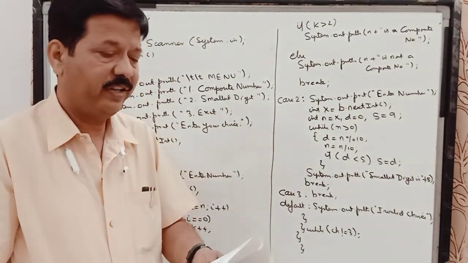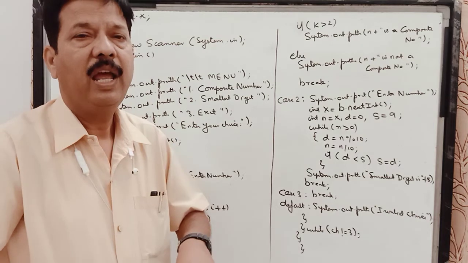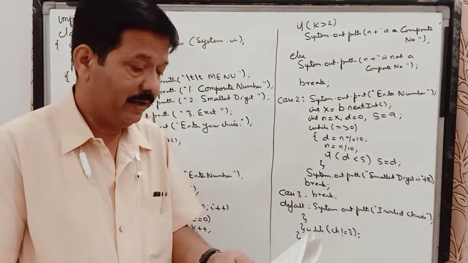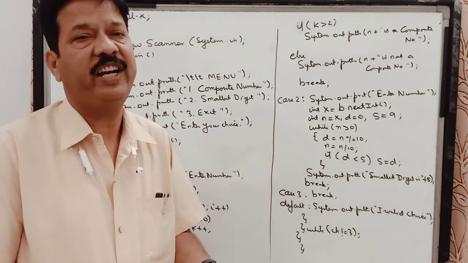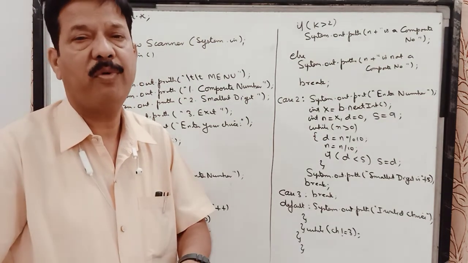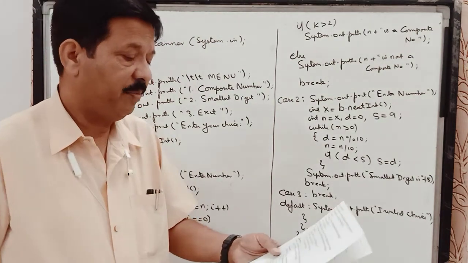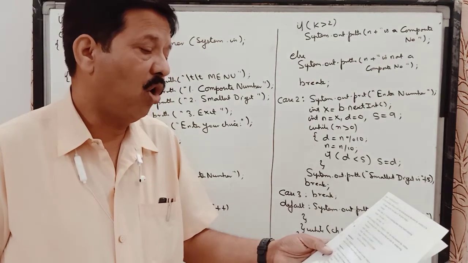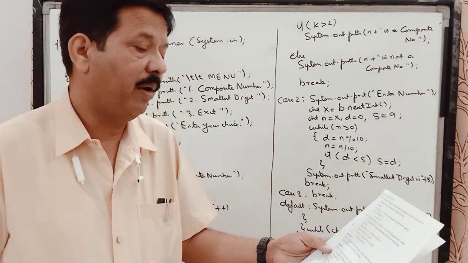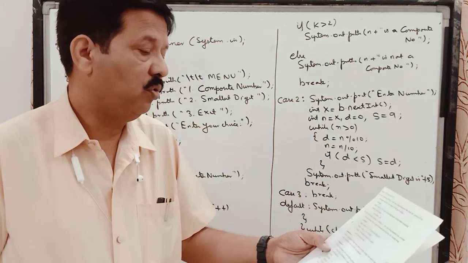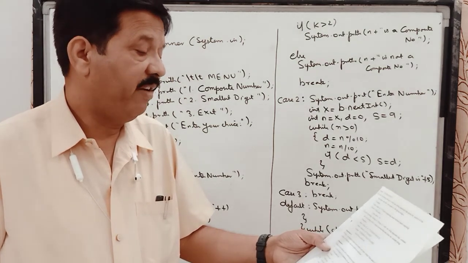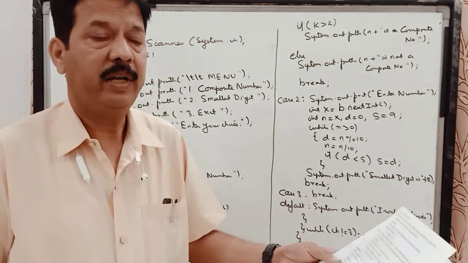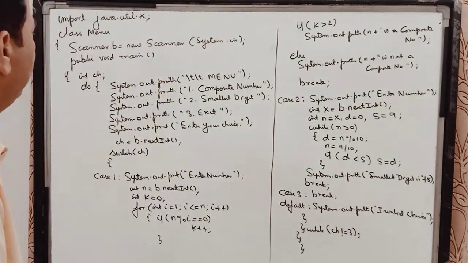So this question has come in 2015 and the question says: using the switch statement, write a menu driven program. Number 1, to find and display all the factors of a number input by the user, including 1 and excluding the number.